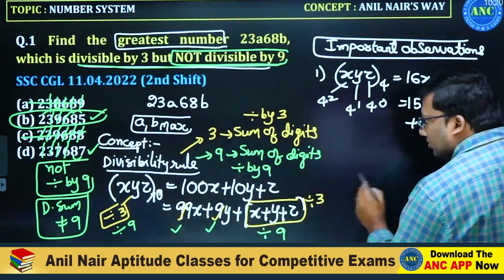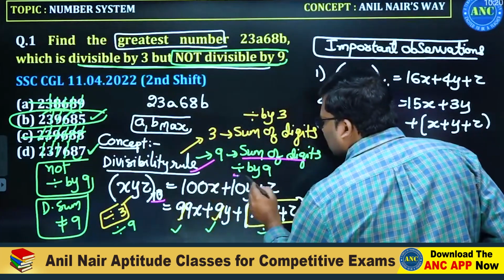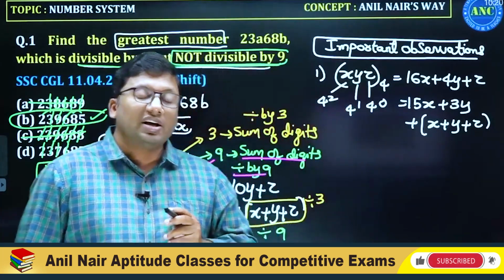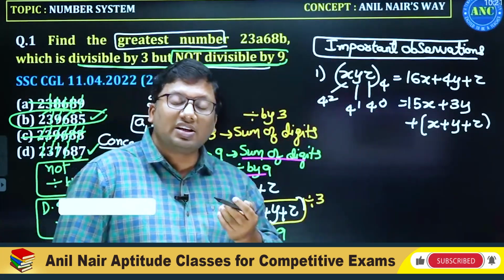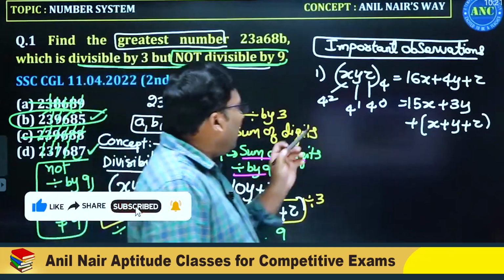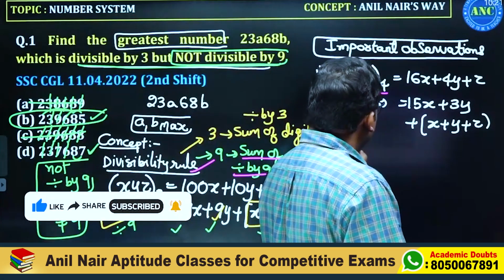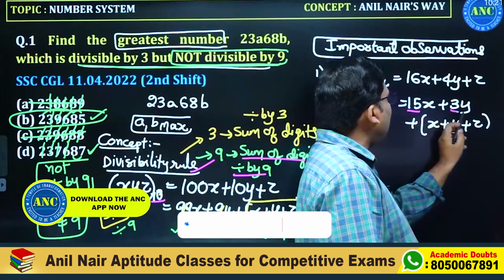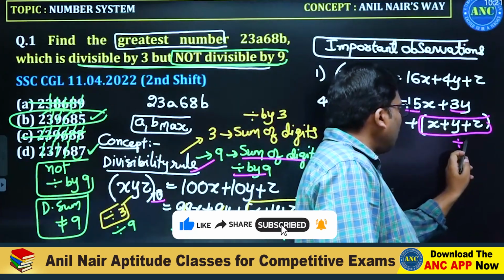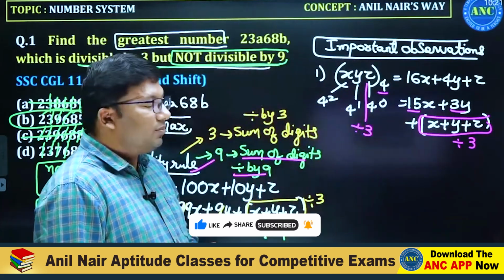In base system 10, the divisibility rule of 9 is that the sum of the digits should be divisible by 9. In base system 4, 15x plus 3y is already divisible by 3, so x plus y plus z should be divisible by 3.